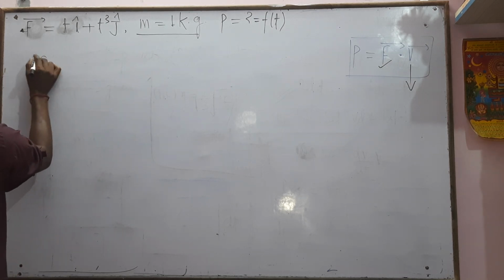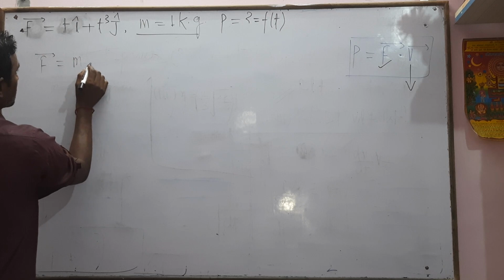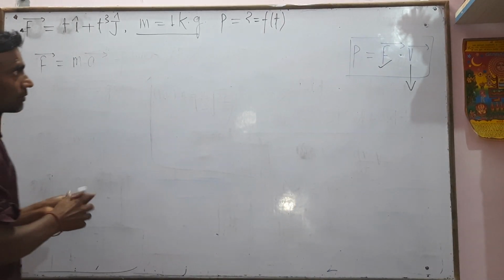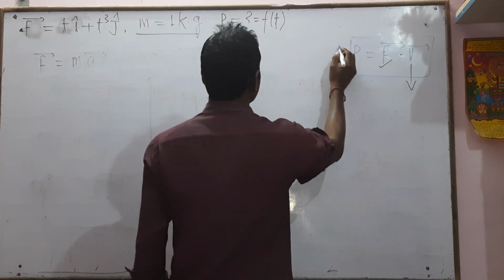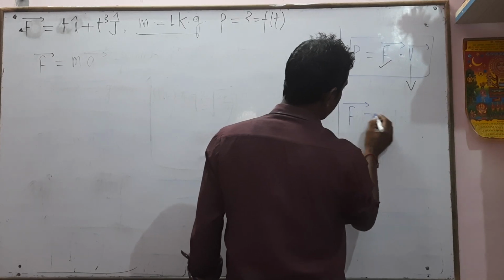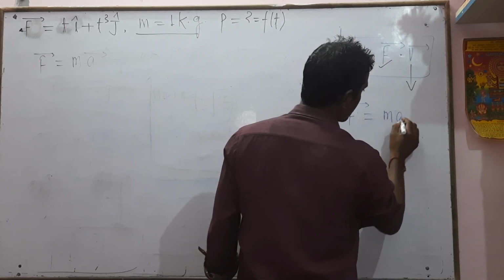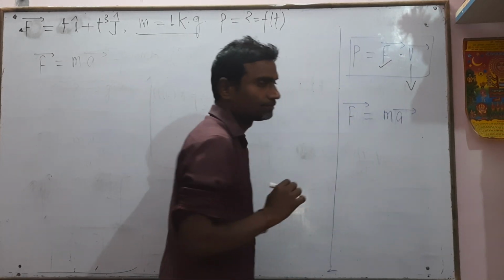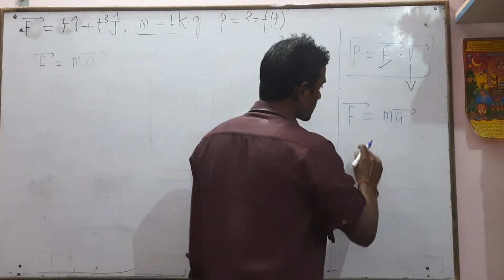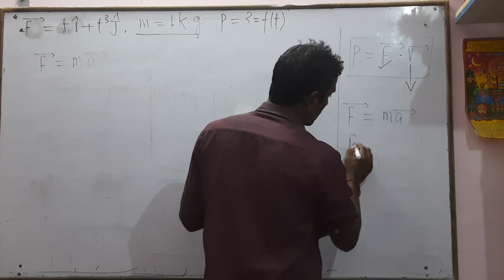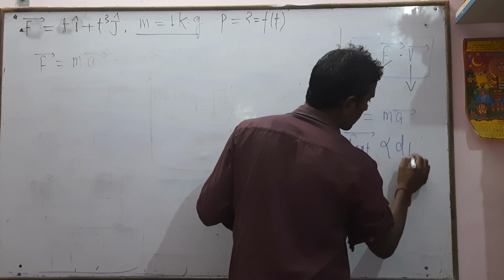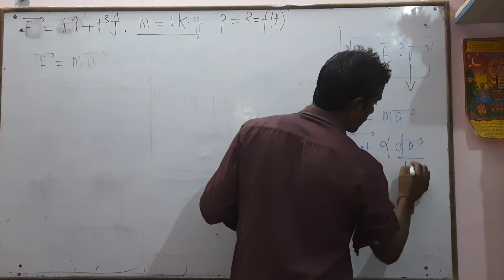Force F vector equals mass into acceleration vector, because Newton's second law says that the external force is directly proportional to the rate of change of momentum.